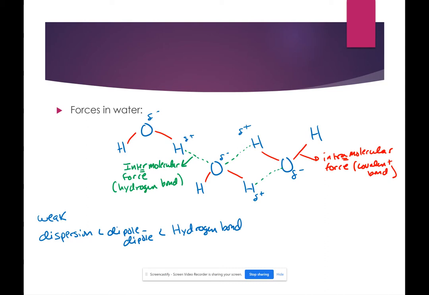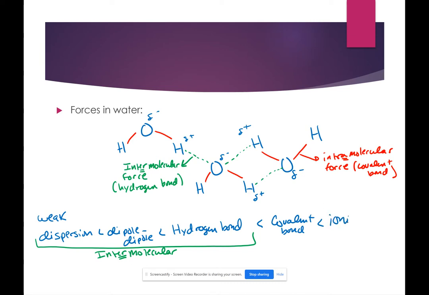And again, these are your intermolecular forces. And then after hydrogen bond, the next strongest force is a covalent bond. And then an ionic bond. And those are your intra, with an A, intramolecular forces.